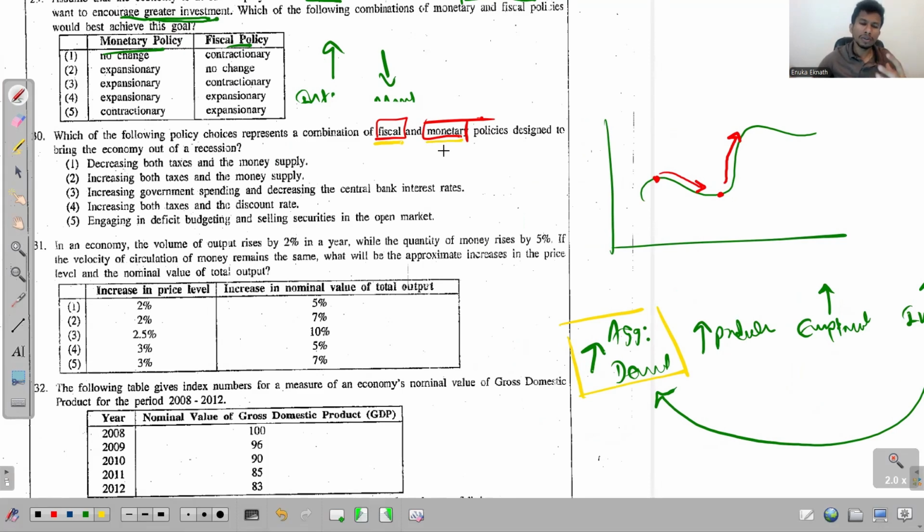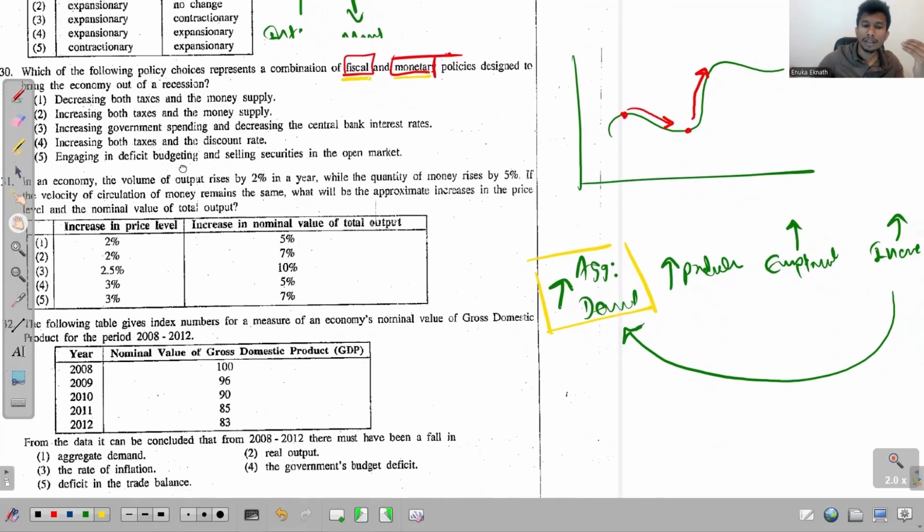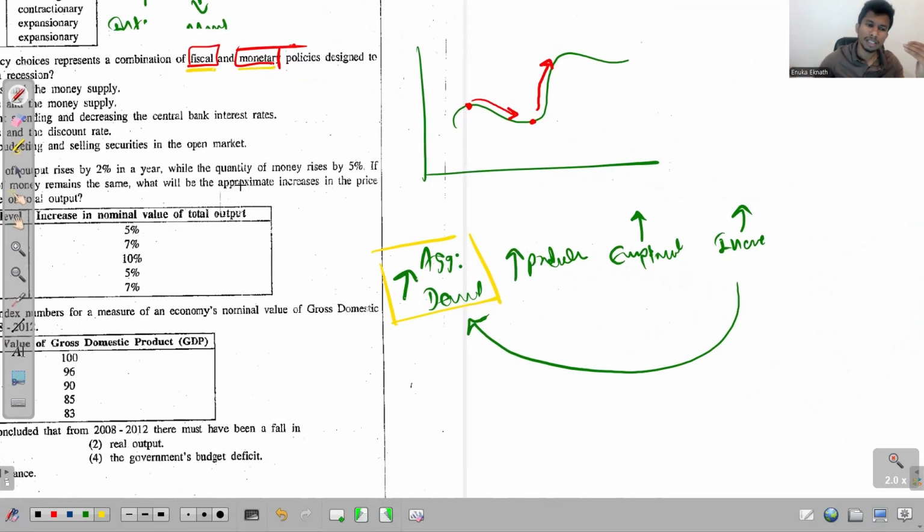So how do we use the fiscal policy to increase the aggregate demand? Earlier I told you that fiscal policy is always about government revenue, government expenditure and public debt. Aggregate demand, as we discussed under the previous question, consists of C, I, G and net exports.